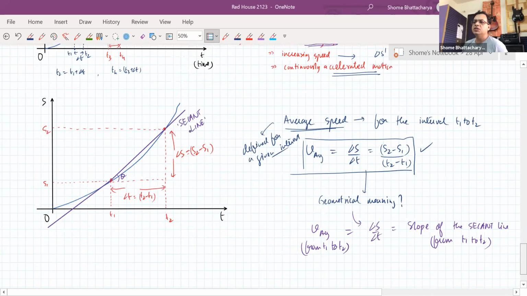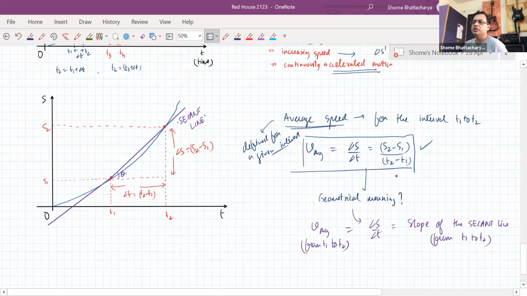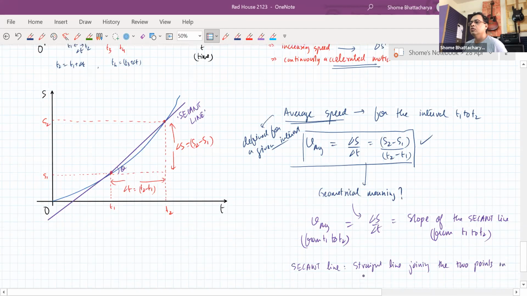Okay. It is the slope of the secant line joining the 2 points for which I am calculating the average speed. Okay. So secant line is a straight line joining the 2 points on the S versus T graph at T equal to T1 and T equal to T2.